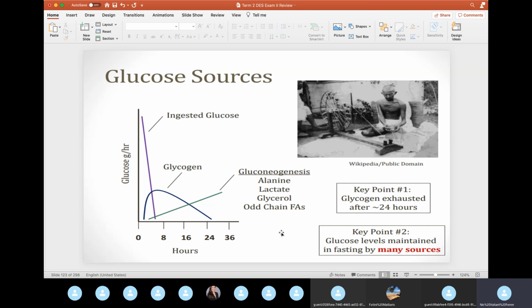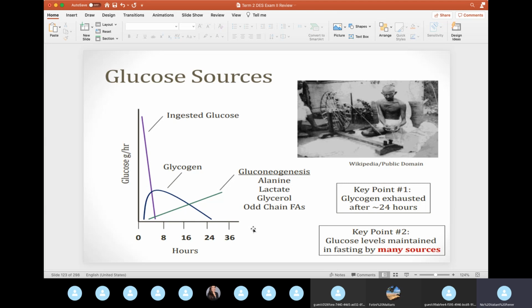All of that time, your body is being provided by glycogen, right? Glycogen is being broken down to become glucose. After 24 hours, your body tries to get other sources. The glycogen stores in your liver are depleted, right? And you're still starving. So what happens?